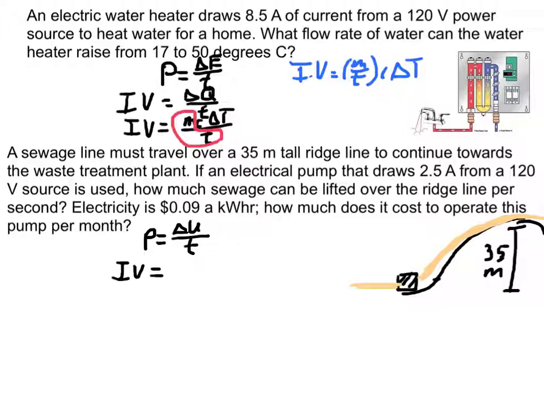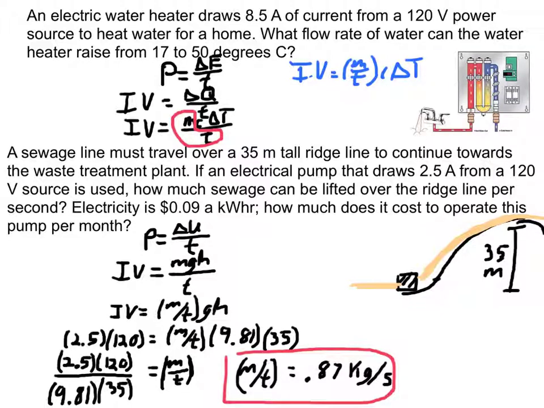I have electrical power going in, and the type of energy coming out is gravitational potential. I'm trying to lift the sewage up some hill, mgh all over T. And I can combine my mass divided by time into a flow rate again, so IV equals m over T gh, and that allows me now to plug and chug.